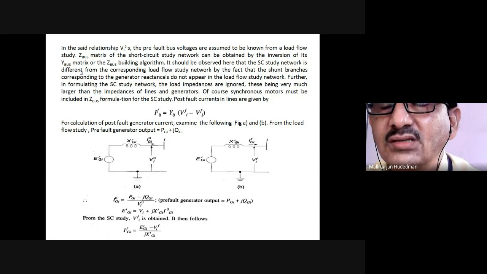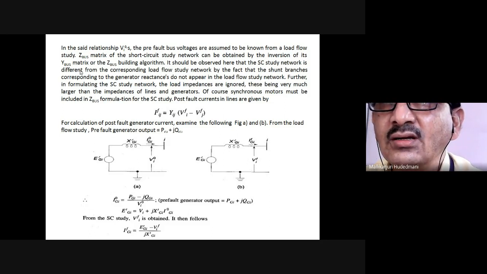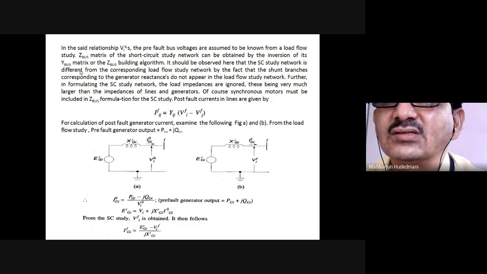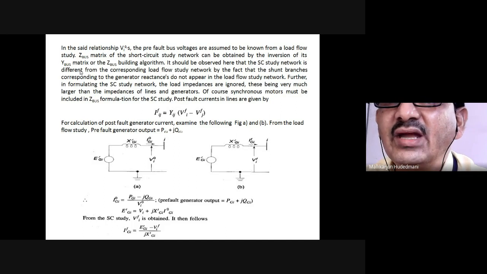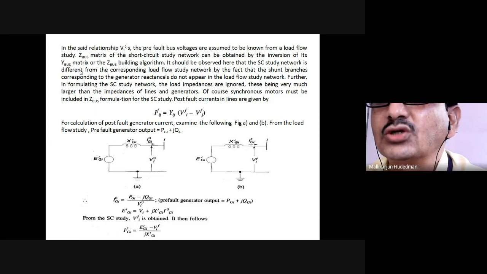So the Y bus and the Z bus we build from scratch are just opposite to each other. That is, Y bus is in the admittance domain, and the Z bus we are talking about is in the impedance domain. If I have the Y bus, invert it, and it becomes the Z bus of your requirement. If you know the Z bus, invert it, and it becomes the Y bus. Likewise, I may get the Z bus from the building technique, or if I have a Y bus available, invert it and get the Z bus for short circuit study.